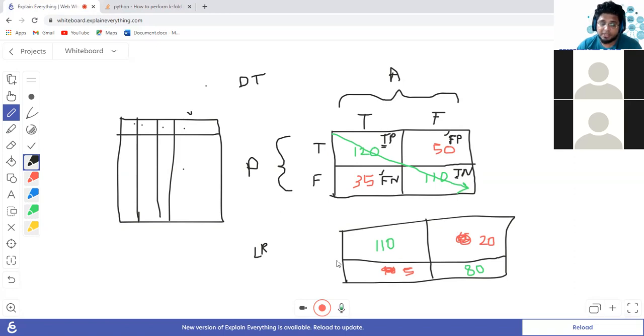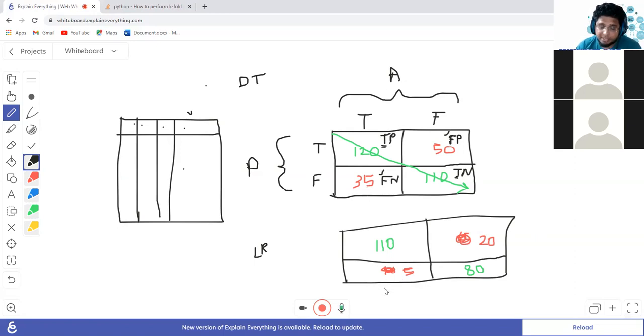Now it all depends on the domain and the problem in which you are working. So what I am losing, a person has heart disease and I am telling he has heart disease, that is low in comparison to the decision tree. But a person has heart disease and I am telling he does not have heart disease is very, very low in comparison to the decision tree.